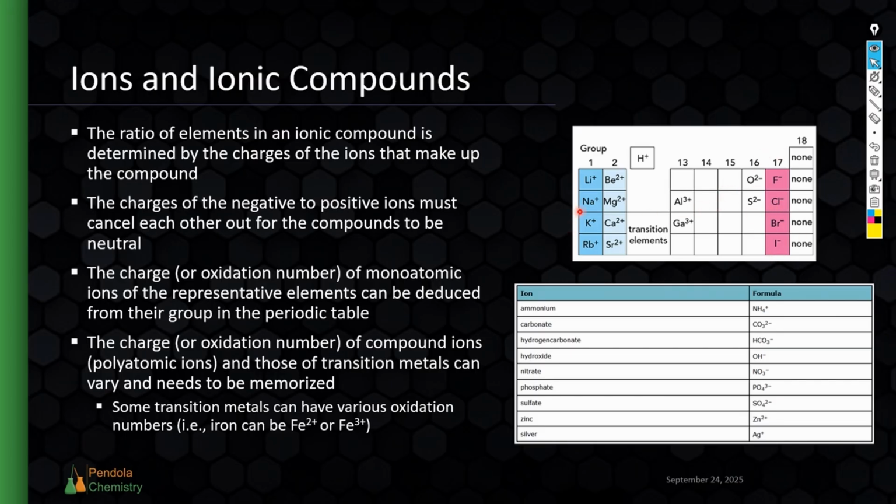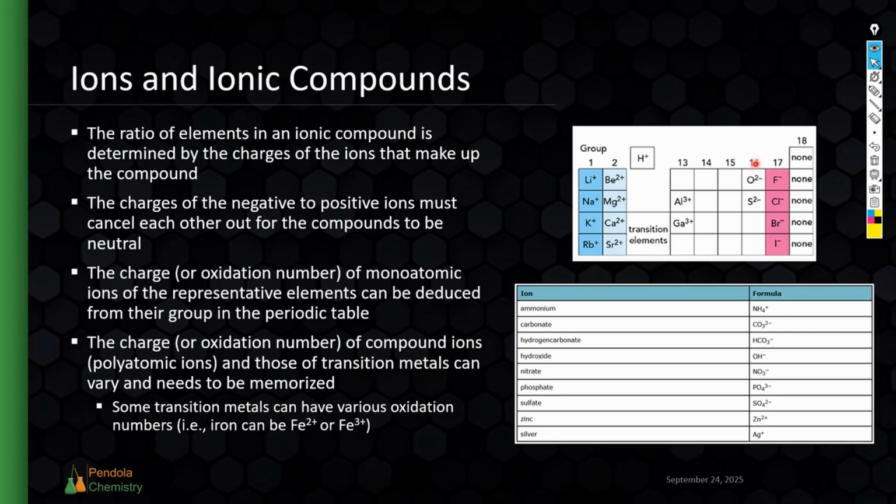For the representative elements like group 1 and 2 and groups 13 through 17, we can actually tell what the charge of the ion will be based on the group number. So group 1 elements have a +1 charge, group 2 elements have a +2 charge. Most group 13 elements, if they have ions like aluminum and gallium, will have a +3 charge. And then group 16 elements will be -2, 17 elements will be -1.